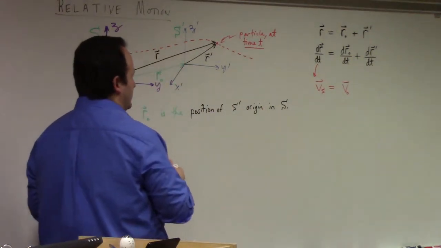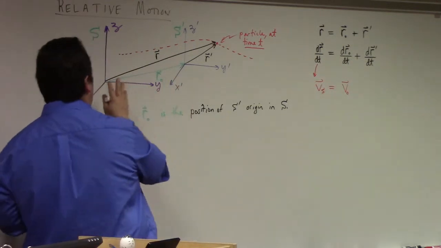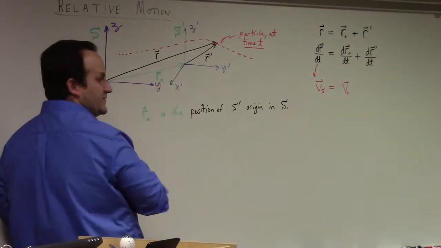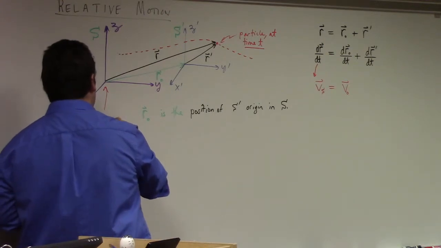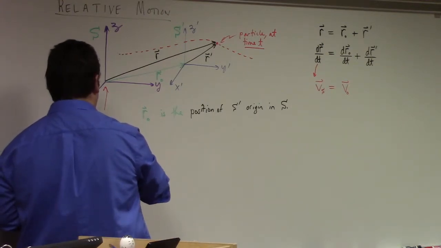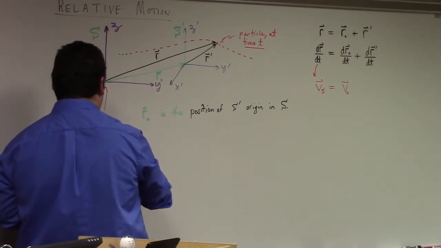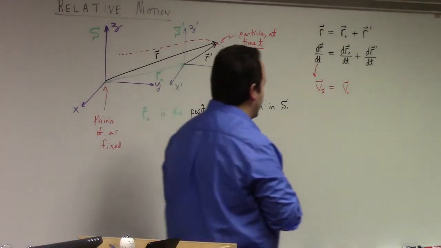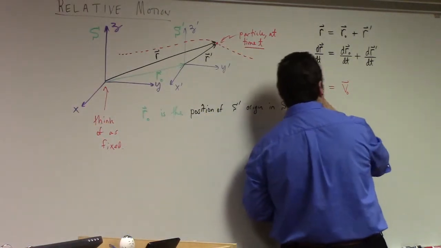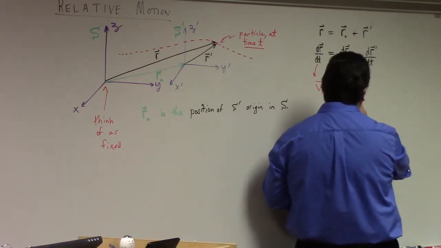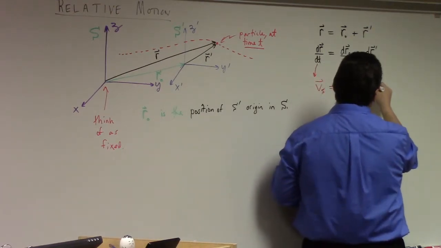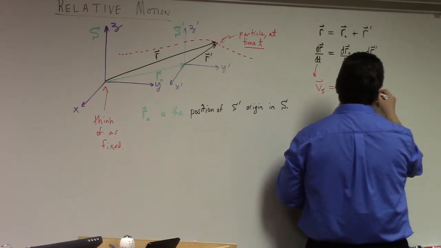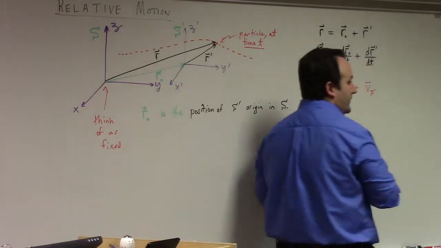By the way, just for the sake of discussion, let's think of S as being a fixed frame of reference. That'll help us. So the velocity in the fixed frame of reference is equal to the velocity of the origin of the moving frame of reference plus the velocity of the particle relative to the moving frame of reference.